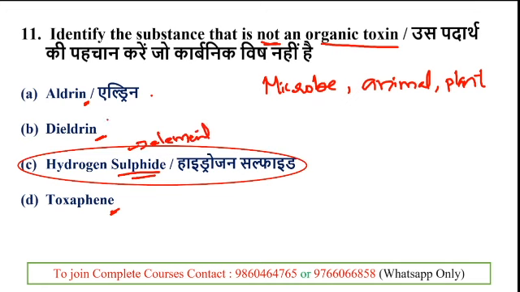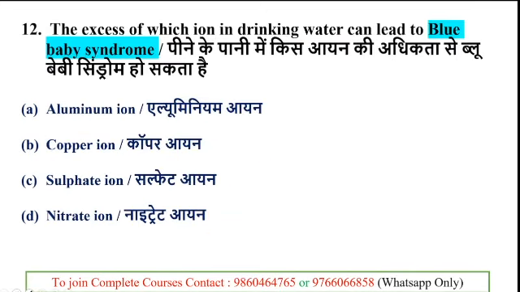Clear. And then the next one is related to the excess of which ion in drinking water can lead to blue baby syndrome. The options given are aluminium ion, copper ion, sulfate, nitrate.